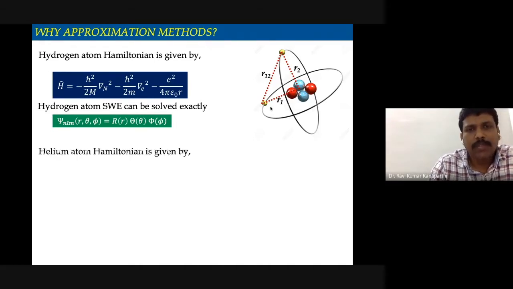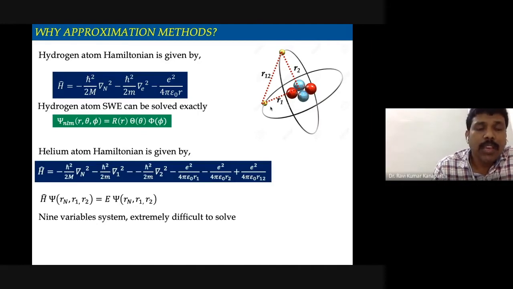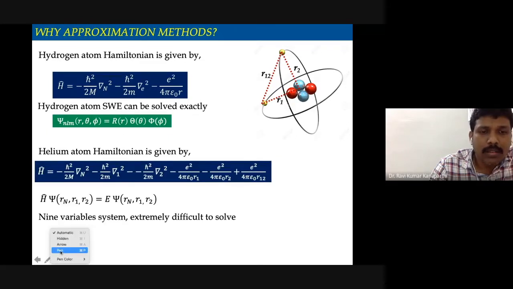Since we have 3 particles, let's take the entire set of particles present in the nucleus as 1 unit, so we don't write it separately. For the nucleus, we have the nuclear coordinates, and a kinetic energy component will be there. That is the first term in this Hamiltonian.